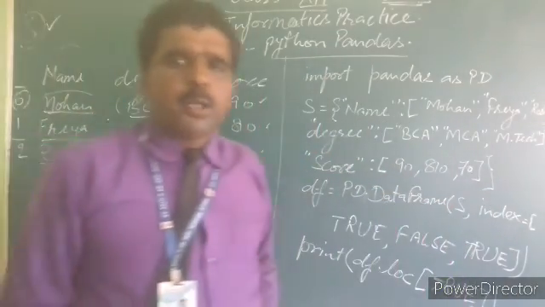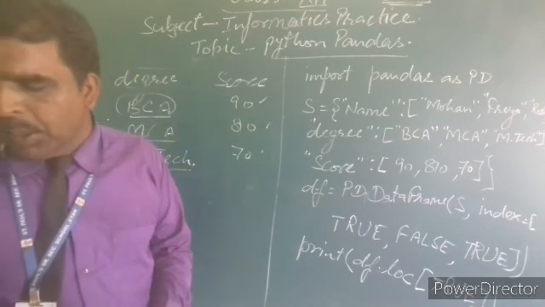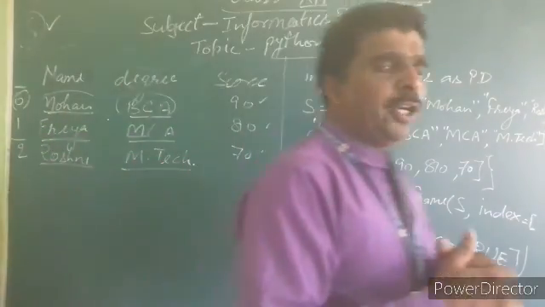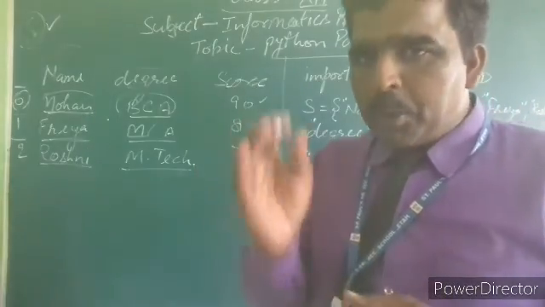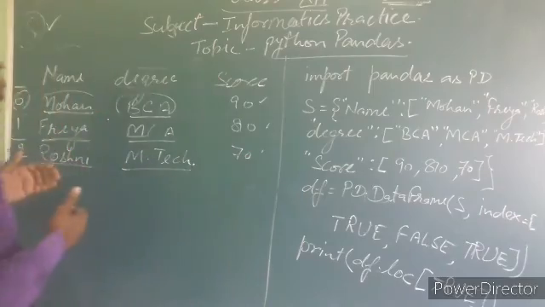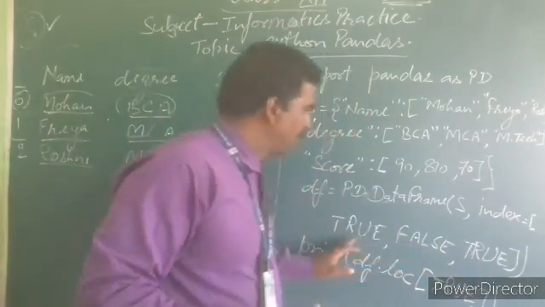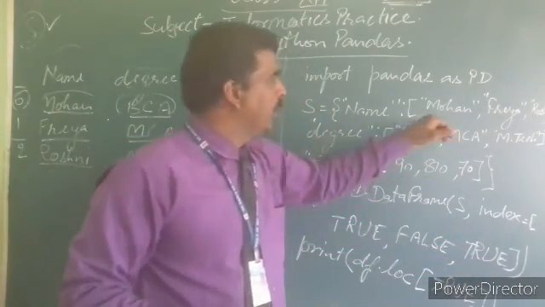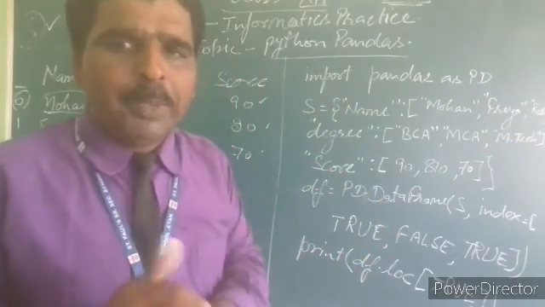See, actually LOC is that thing, list of candidates, not line of control. Actually list of candidates, list of related points. So which value first and third. So here Mohan and Roshni, only this value will be displayed.